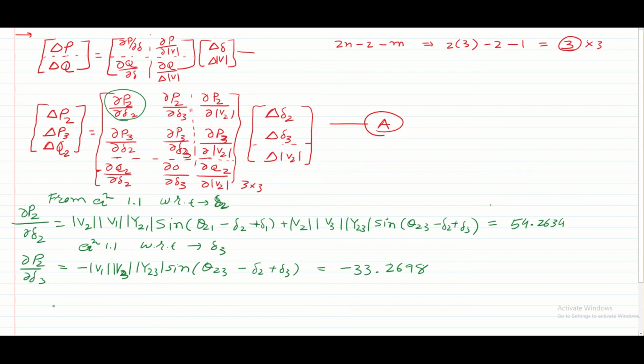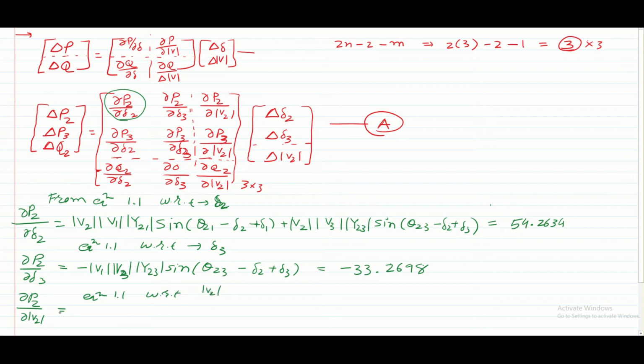Similarly, you will get del P2 by del V2 in the same way, from equation number 1 with respect to V2. If you wish, you can write equation number 1.1 with respect to V2.